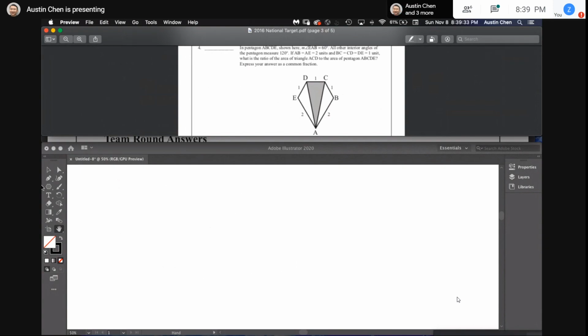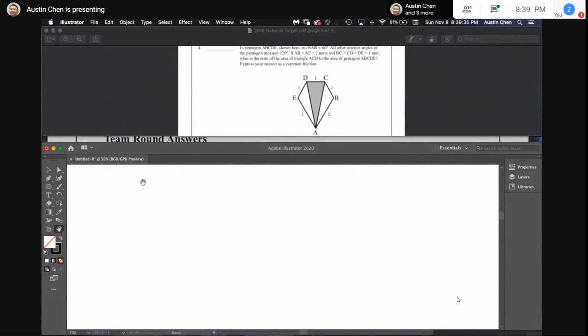Okay, so what we could do here is try to find the area of the triangle and the area of the pentagon and then just put it in a ratio. So we can try to find the height of the triangle because we already have that base right there. So let me draw a rough picture if I can.